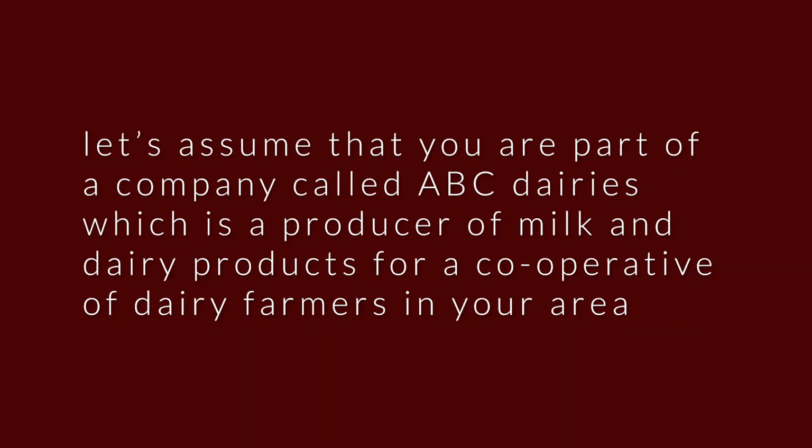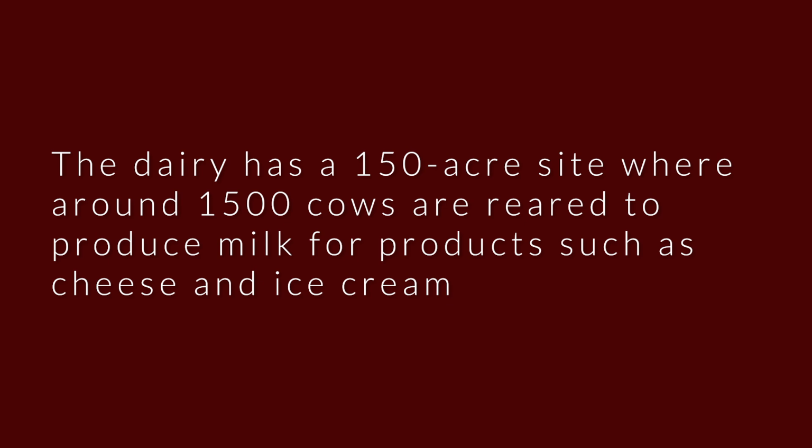So fraud and corruption. Now, to test your understanding of internal risks in procurement, here's a practical application that I want you to look at and then see if you can find an answer to. Let's assume that a company called ABC Dairies, which is a producer of milk and dairy products for a cooperative of dairy farmers in your area. The dairy has a 150-acre site where around 1,500 cows are reared to produce milk for products such as cheese and ice cream.